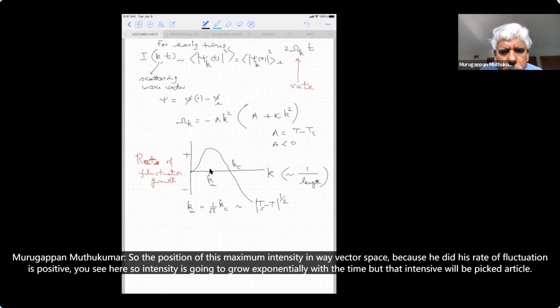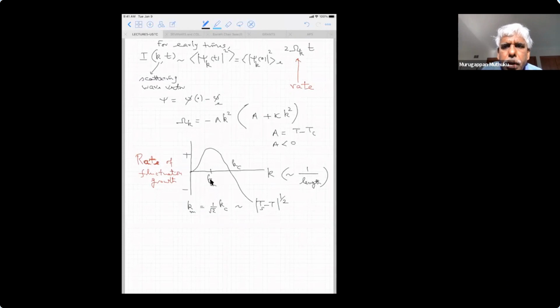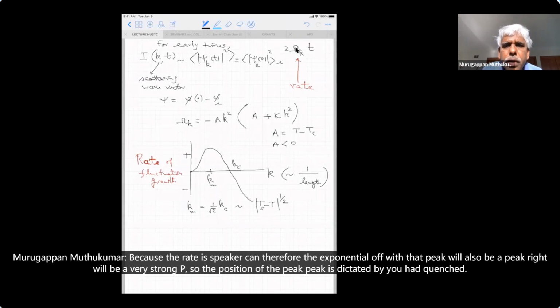So the position of this maximum intensity in wave vector space, because this rate of fluctuation is positive, it's here. So intensity is going to grow exponentially with the time, but that intensity will be peaked at Km. Because the rate is peaked at Km, therefore the exponential of that peak will also be a peak, a very strong peak.